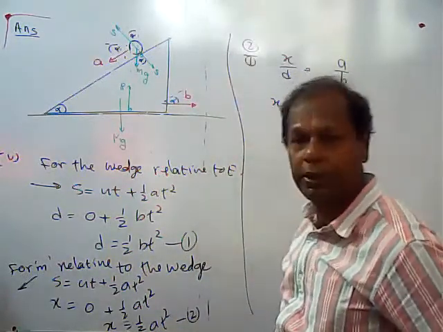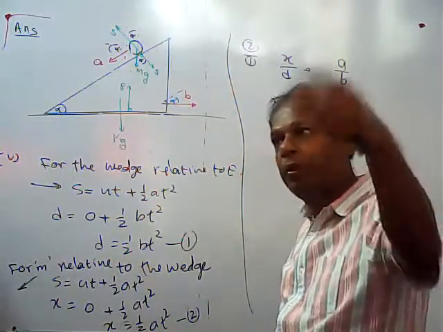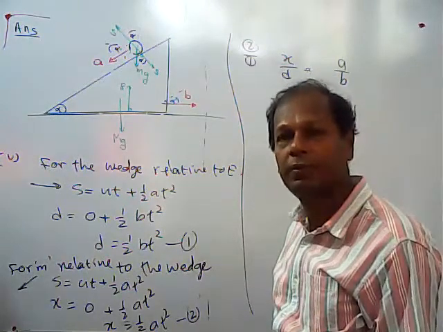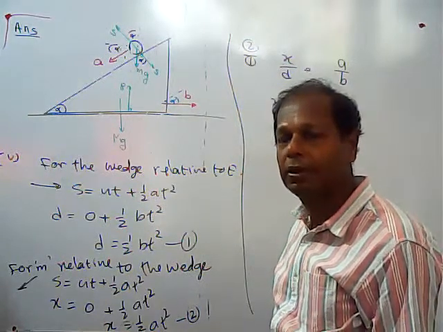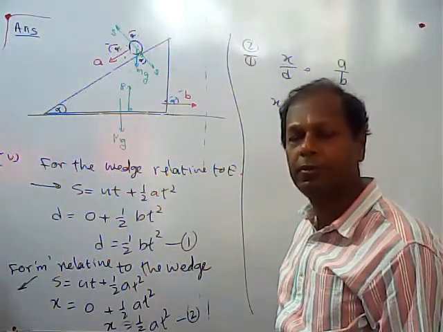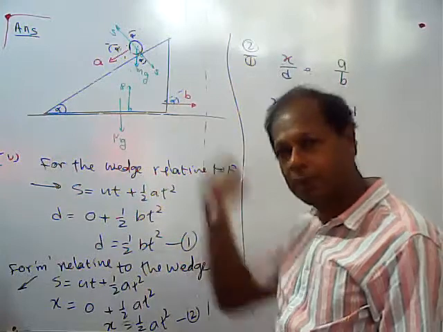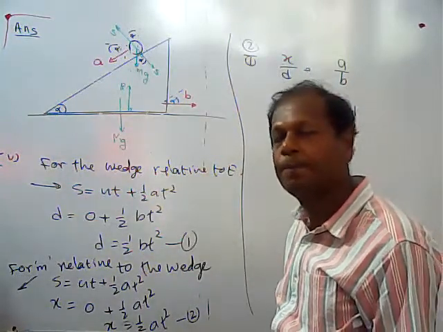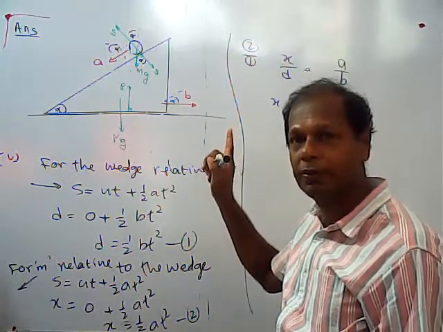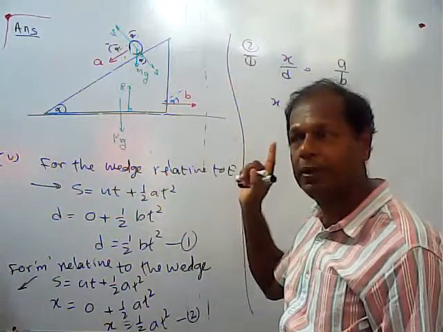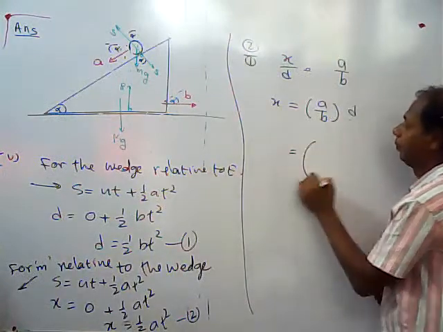You can substitute for a and b, or you have an easy option. A over b, look at the first equation. Equation number 1, where we started with. Can't you find a over b directly from equation number 1? It's 0 on the left hand side. From equation number 1, you can find a over b.